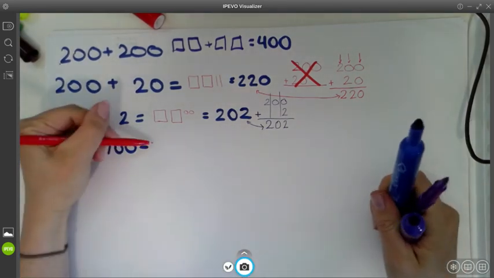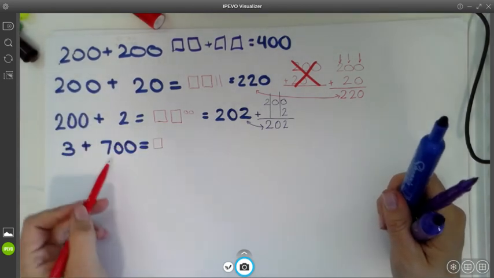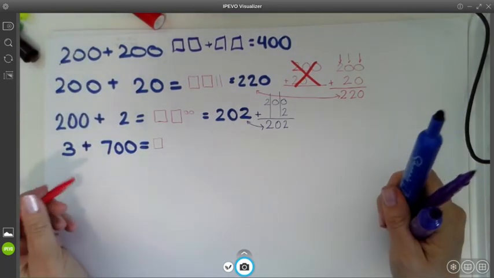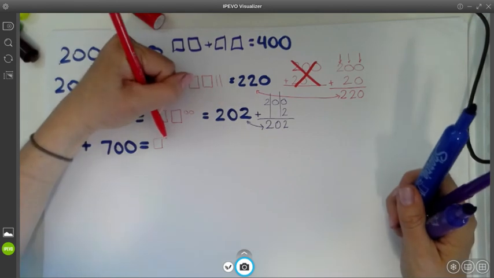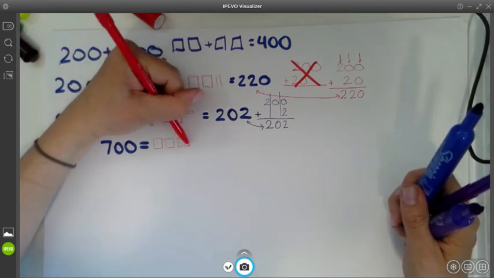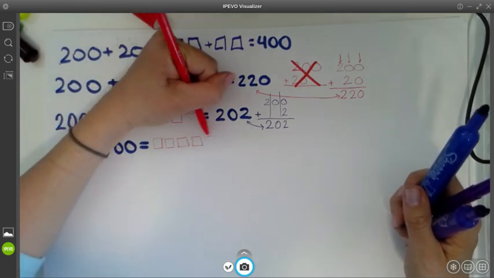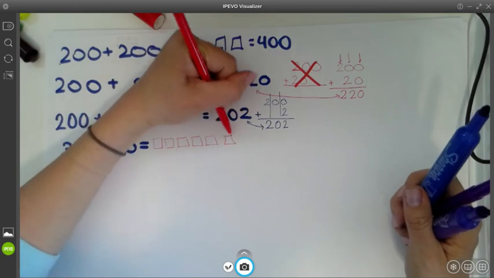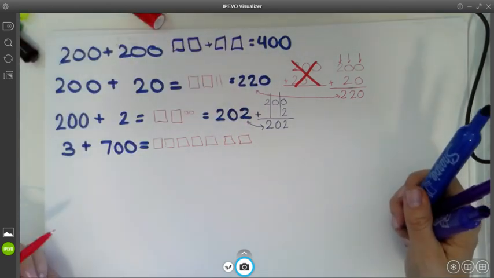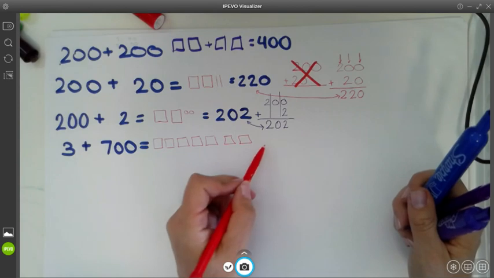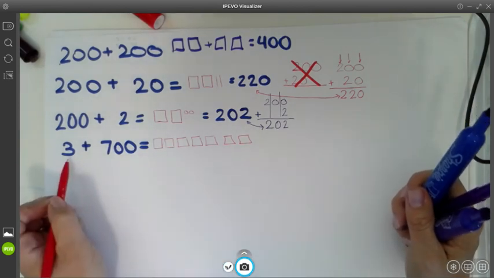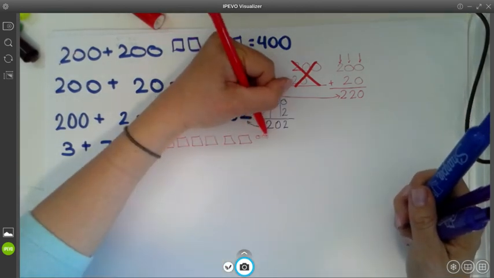If you want to make a drawing, how many boxes are you going to have to do? 7, right? So you're going to have 7 boxes. We have no 10 sticks to draw and we have 3 ones.